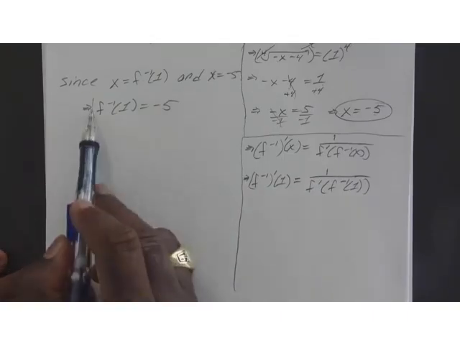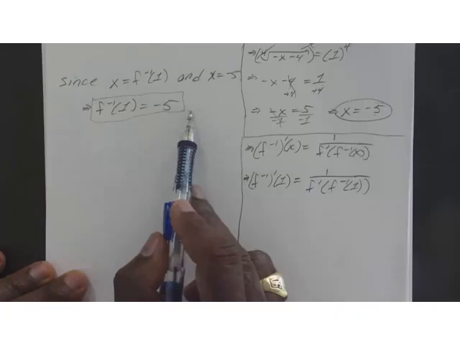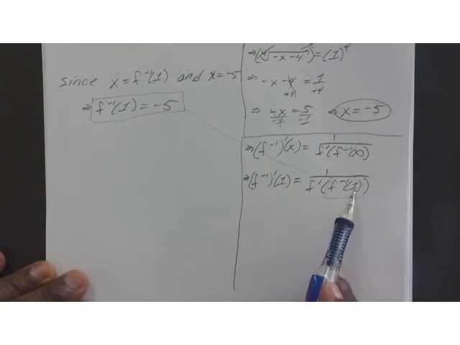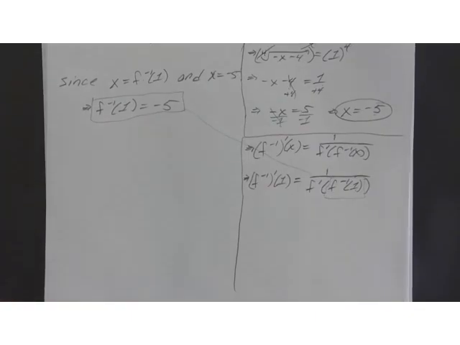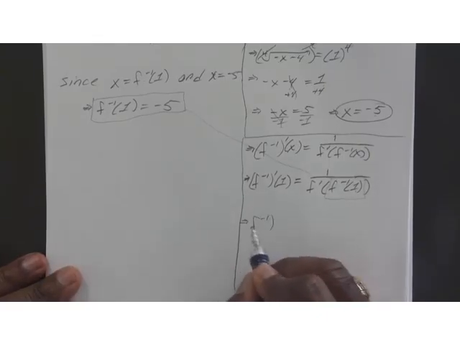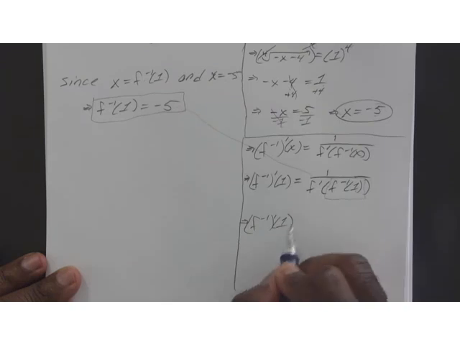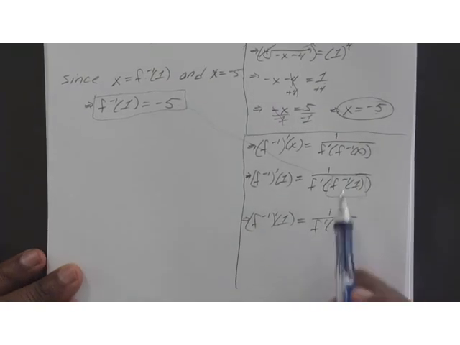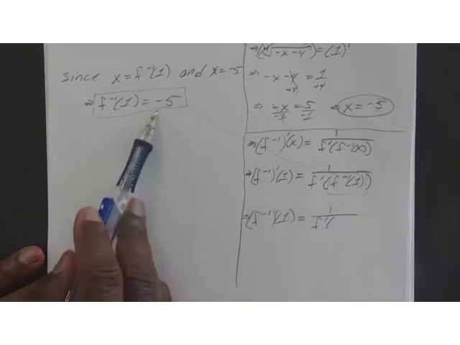Okay, so this part right here, we can use that to replace this part right here, that f inverse at x is equal to 1, or a is equal to 1. Okay, so we can rewrite it as f inverse prime at 1 is equal to 1 over f prime, and that f inverse at 1, we just replace that with -5.